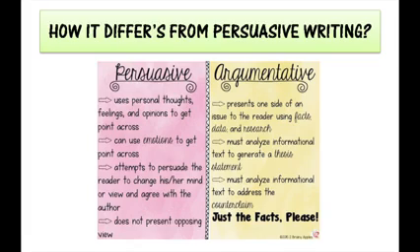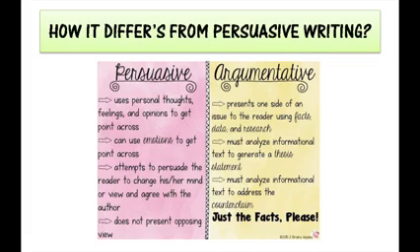Persuasive writing uses personal thoughts, feelings and opinions to get point across, whereas in argumentative writing, it presents both the sides or one side of an issue to the reader using facts, data and research. So we are not going to use opinions in argumentative writing.